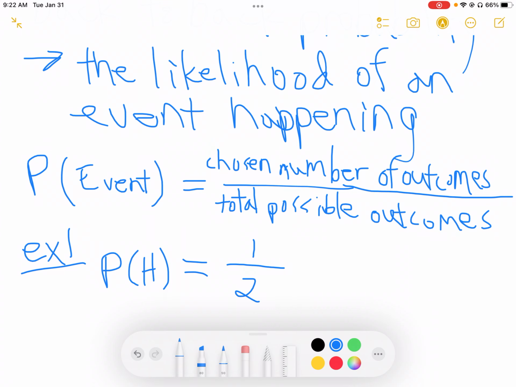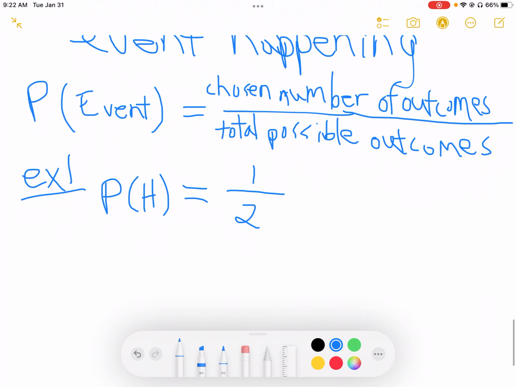Before we go to something more complicated, let's talk about our 2 assumptions that we always make here. We always assume that all outcomes are equally likely.